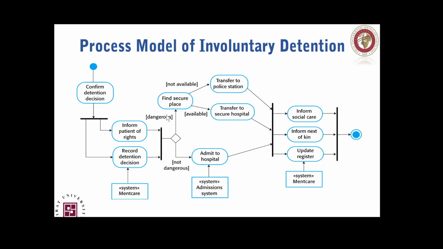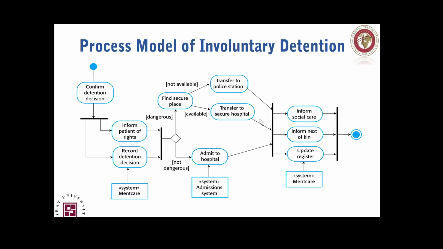If dangerous, we find a secure place to detain the patient. If not dangerous, we can admit to a hospital, and we have to provide the admission using the system admission.